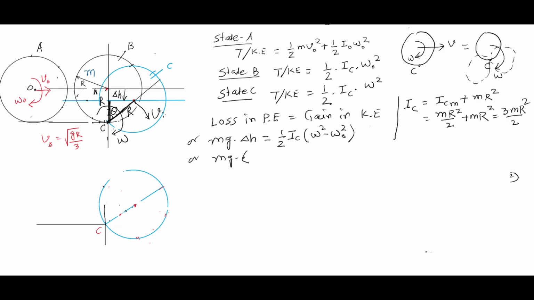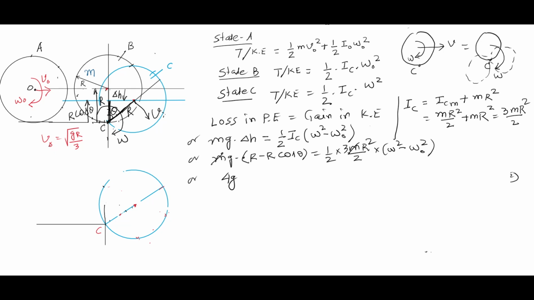So del h is r minus r cos theta. So mg into r minus r cos theta equals half into 3 m r square by 2 into omega square minus omega naught square.